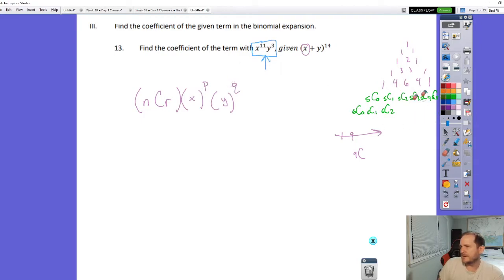You actually know that if we're talking about the expansion of the 14, then this n would be 14, because that n is supposed to be that power. You would know that this r is actually the p or the q. And it turns out that mathematically, it doesn't matter whether you do the p or the q, because 14 choose 3 is always going to be the same as 14 choose 11.